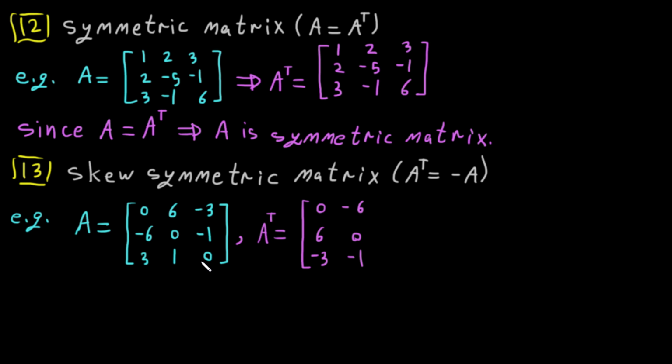The last row becomes the last column here: 3, 1, 0. Now we will compute the negative of A. The negative of A is very simple. We have to compute the negative of this one, so it's only multiplying the whole matrix by -1.